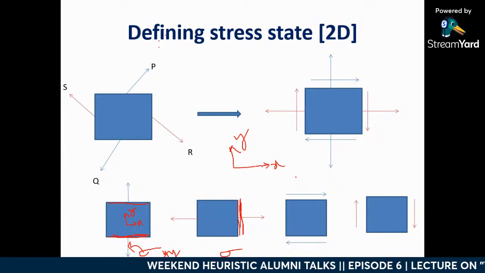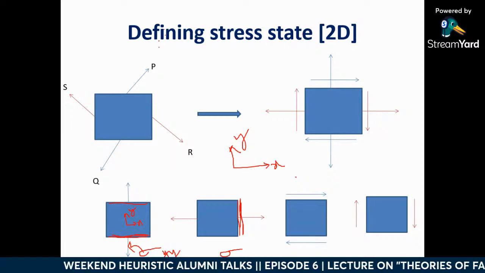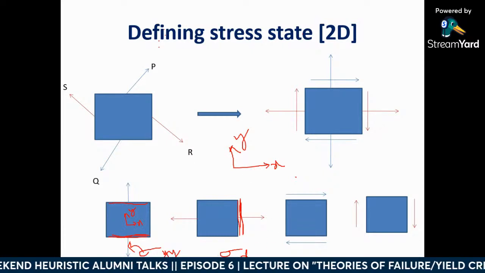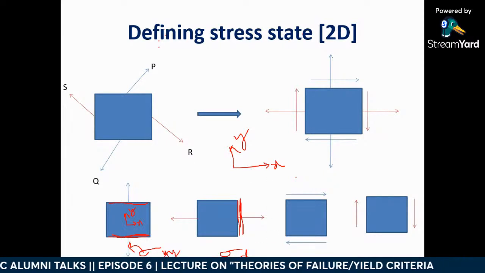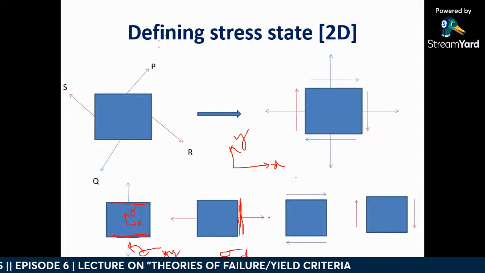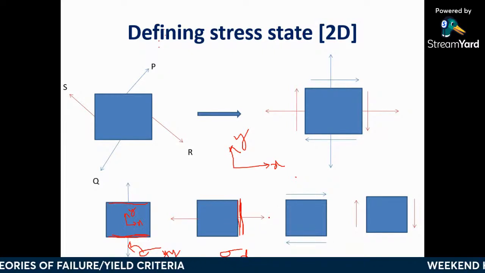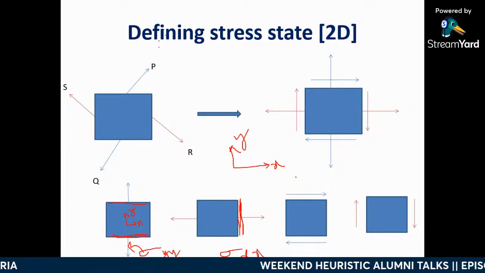It is perpendicular to X, right? So it will be represented by X. In what direction is it acting? What is the direction of the stress? Again, it is acting in the X direction. So it will be sigma XX.